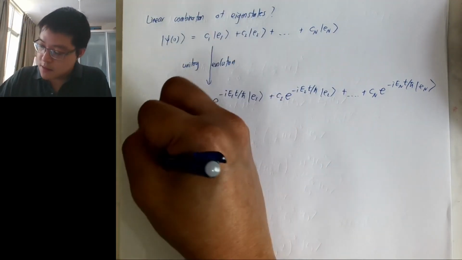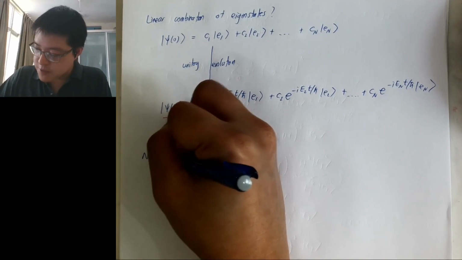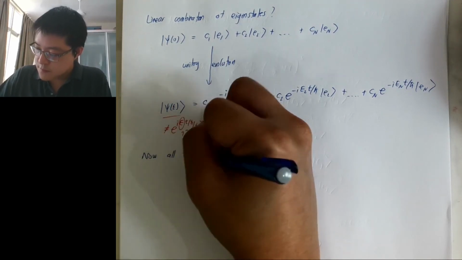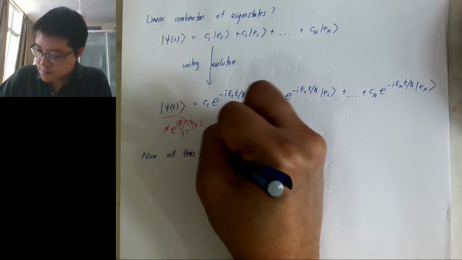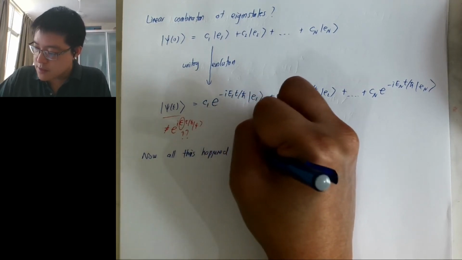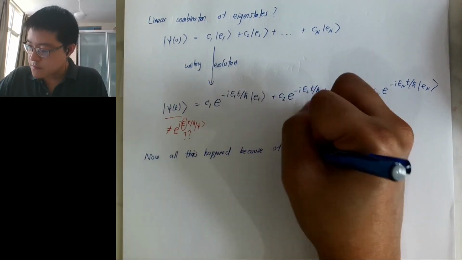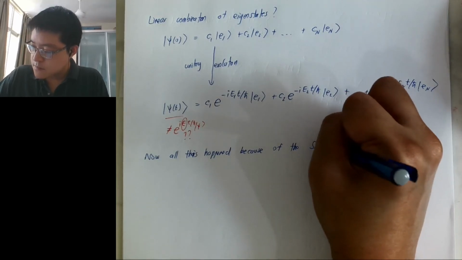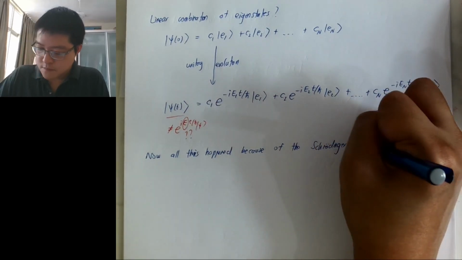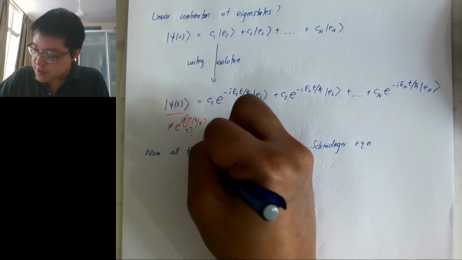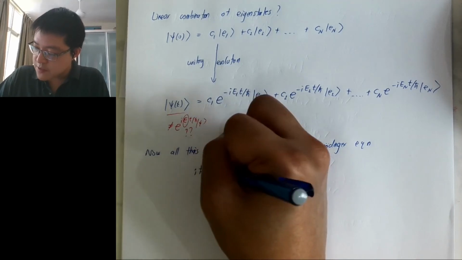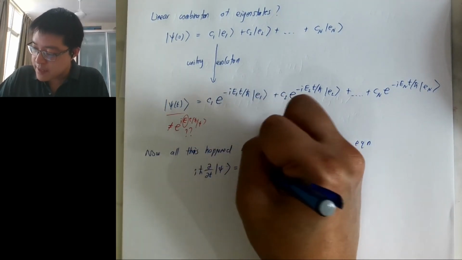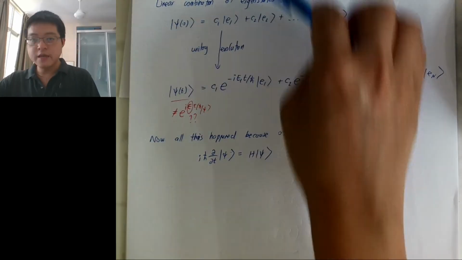So all this happened because of the Schrödinger equation. We needed to use this formula to substitute the Hamiltonian inside, so it actually depends on the Schrödinger equation.